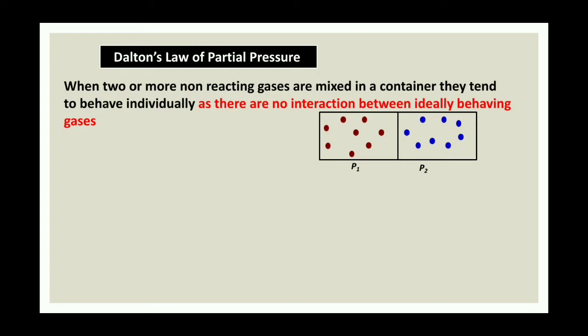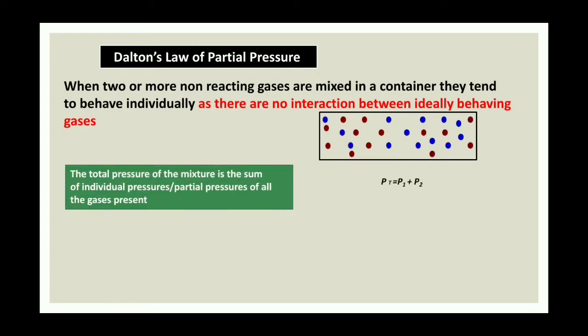What they are mentioning is, if you consider two gases in two containers at pressures P1 and P2, and there is a boundary between the two, if I remove this boundary, they will intermix. But even so, the total pressure will be equal to the sum of partial pressures of the individual gases, that is, P total of the system is equal to P1 plus P2. This is what Dalton's law is.